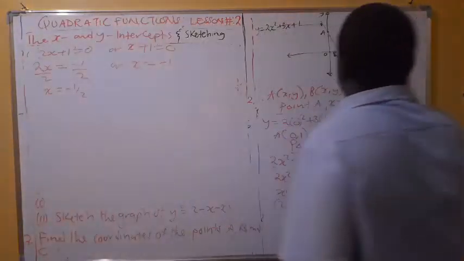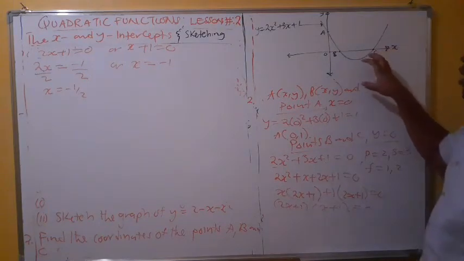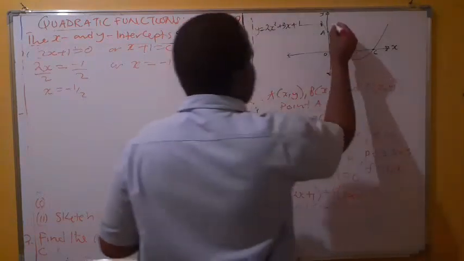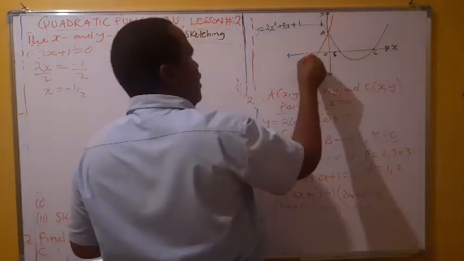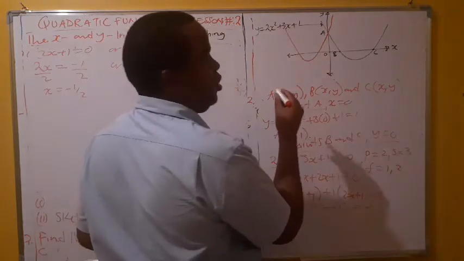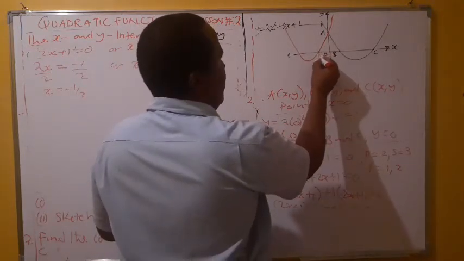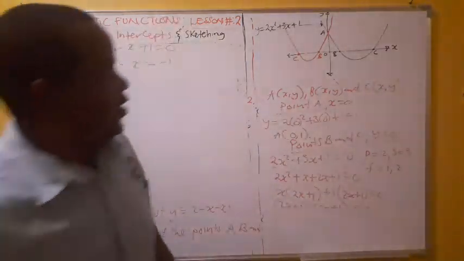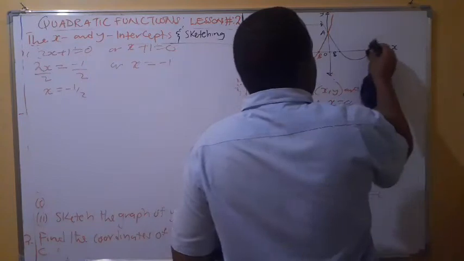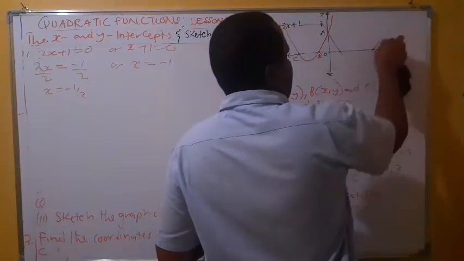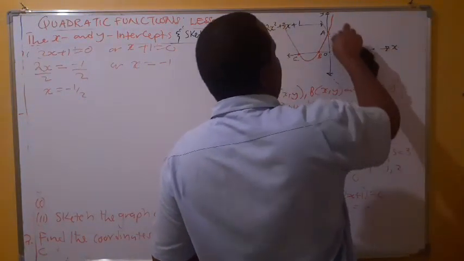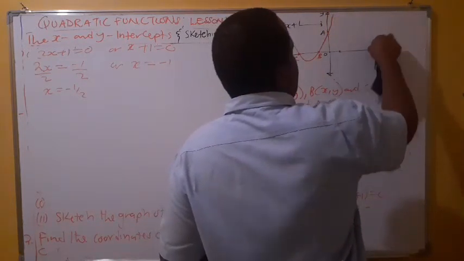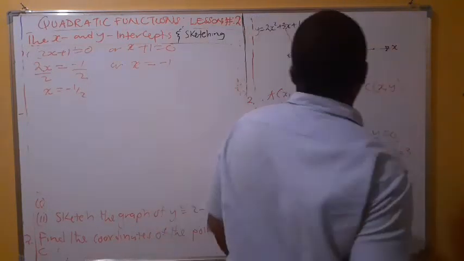But this graph that we had, it's as if the graph should go on the right hand side. But in actual sense, the graph was supposed to be like this. Take note of that. You are supposed to have B here, then here C. So this one was not supposed to be there. Take note, otherwise it would be a misrepresentation of facts. It was supposed to be something like that. That's what we're supposed to have.